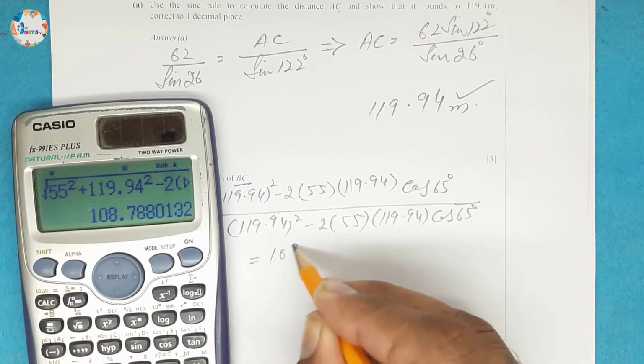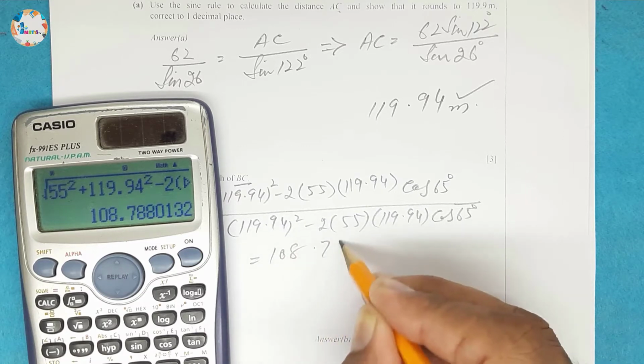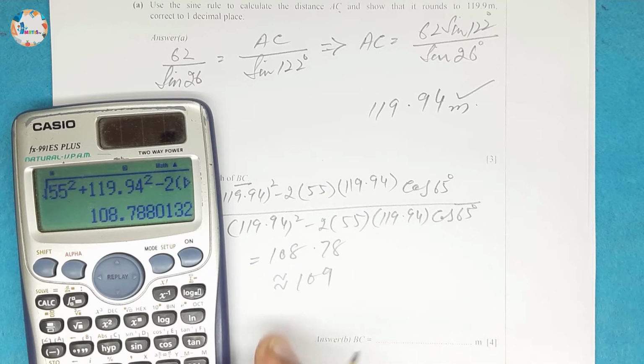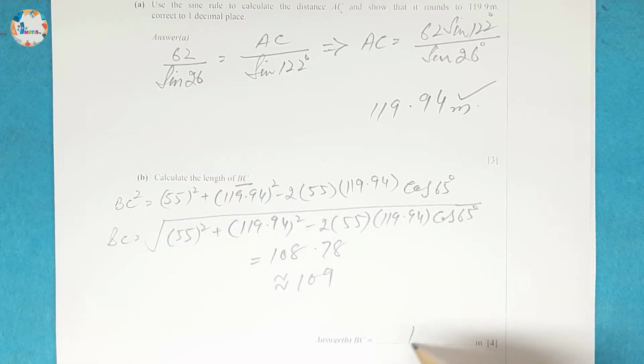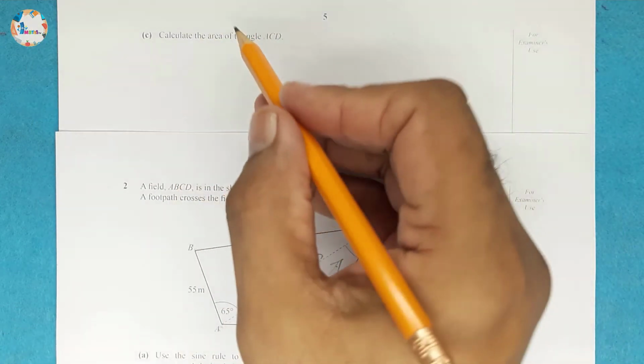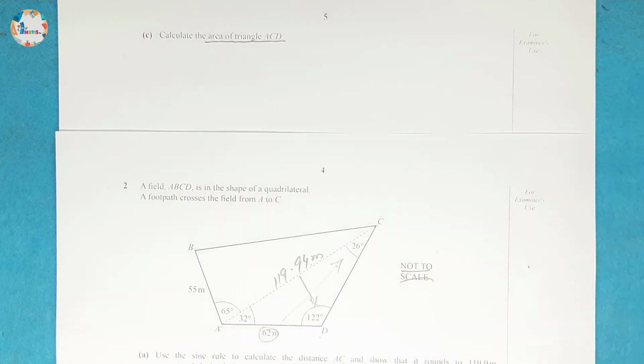So 108.78, which is approximately equal to 109. So we can write here 109 meters. Hopefully you understood this.